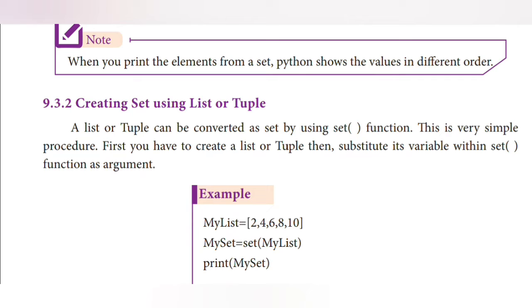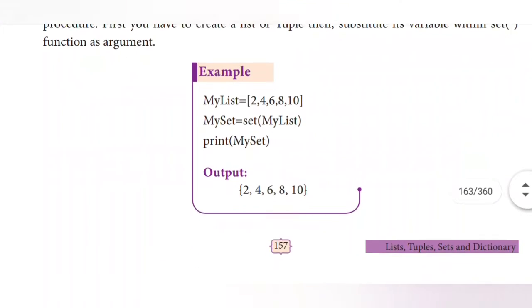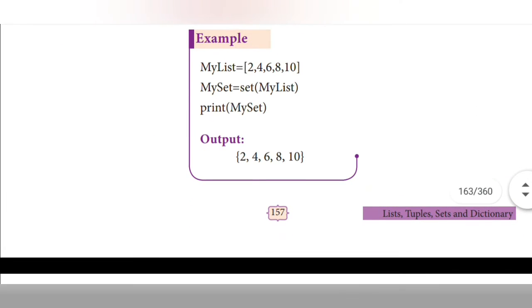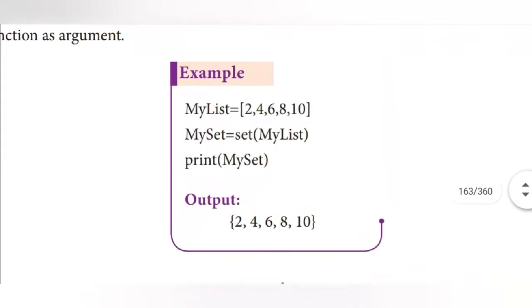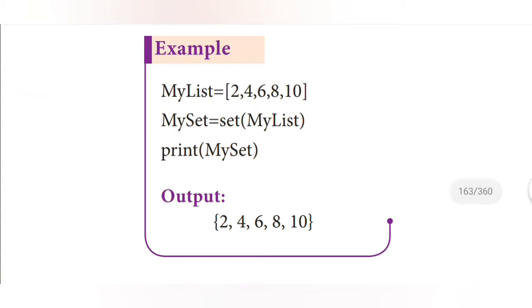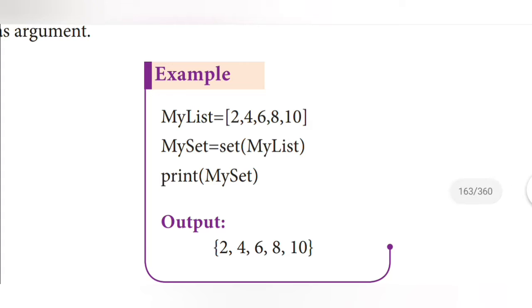Now you can see the example of how to create a set using a list or tuple. Here my_list is equal to 2, 4, 6, 8, 10. The variable my_list is the list variable, and from this variable we are going to create a set. Then my_set, the set variable, is equal to set.